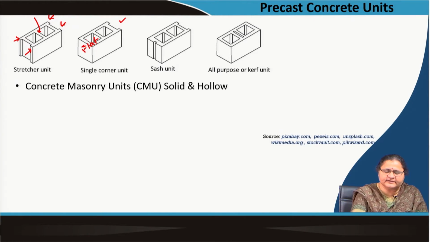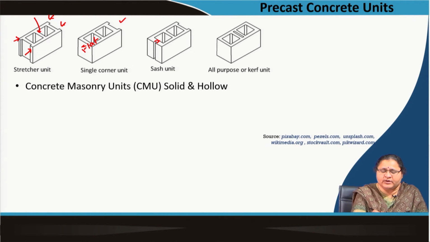This side is flat. In this unit, you see there is a very thin groove cut, which is to receive a glass piece, that is the sash. So you can receive a glass piece through it.